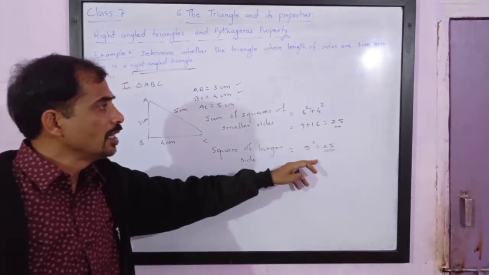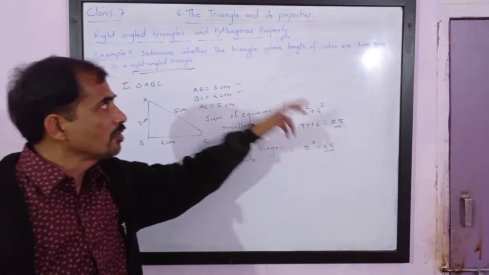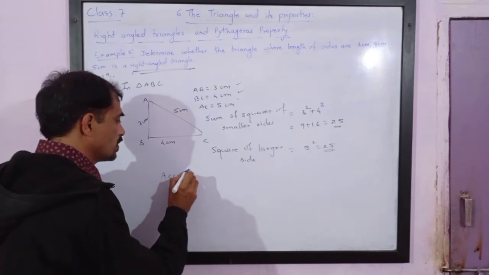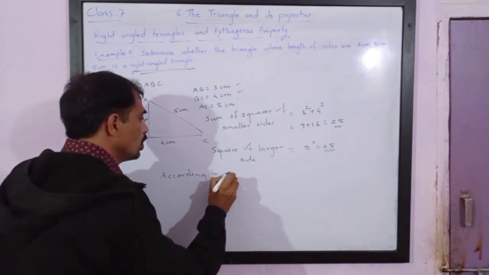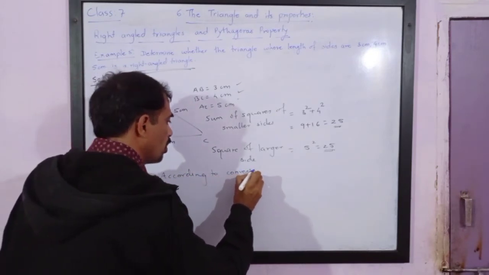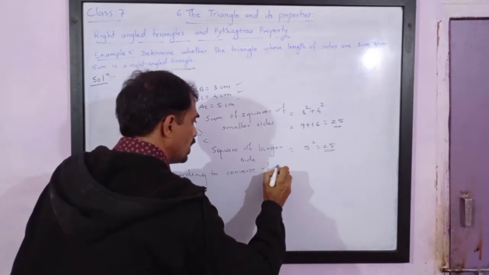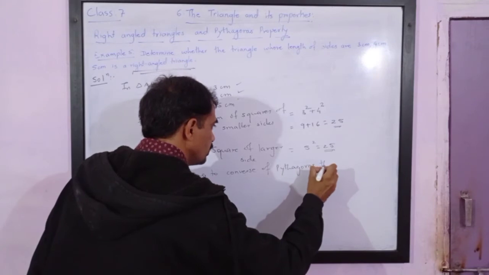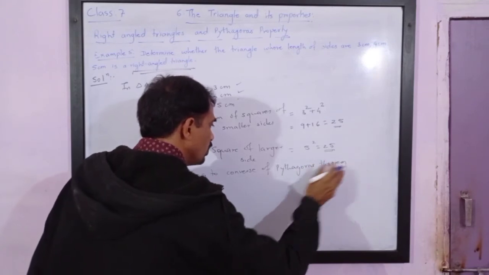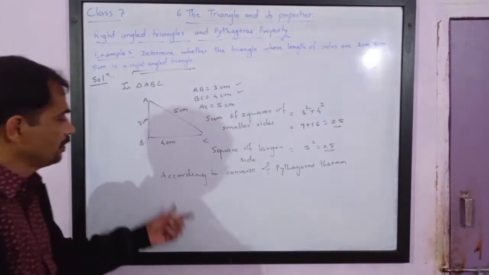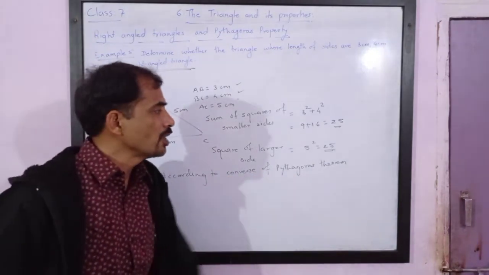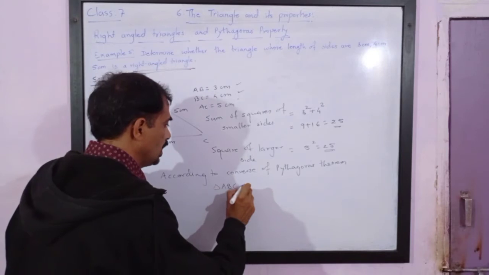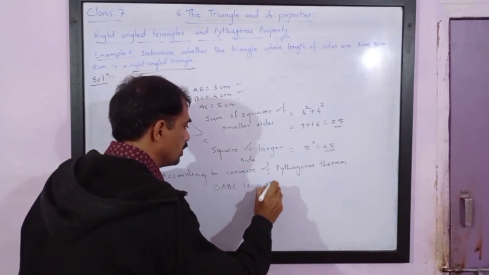Therefore, this is according to the converse of the Pythagoras theorem, that is the reverse statement, which you are going to study in 10th standard most probably. According to the converse of Pythagoras theorem, triangle ABC is a right angled triangle.